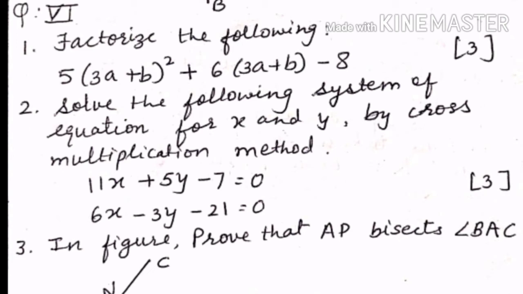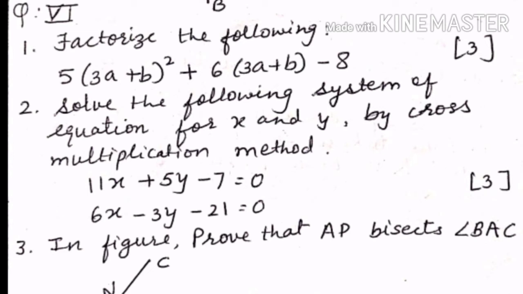So this 3a plus b bracket you can choose as x. So your expression will reduce to 5x square plus 6x minus 8, and then you solve it in x only, and then at last you substitute your 3a plus b value, so that you will get your correct answer, students. See, I am showing you the methods. Now you have to use your brain to solve it.